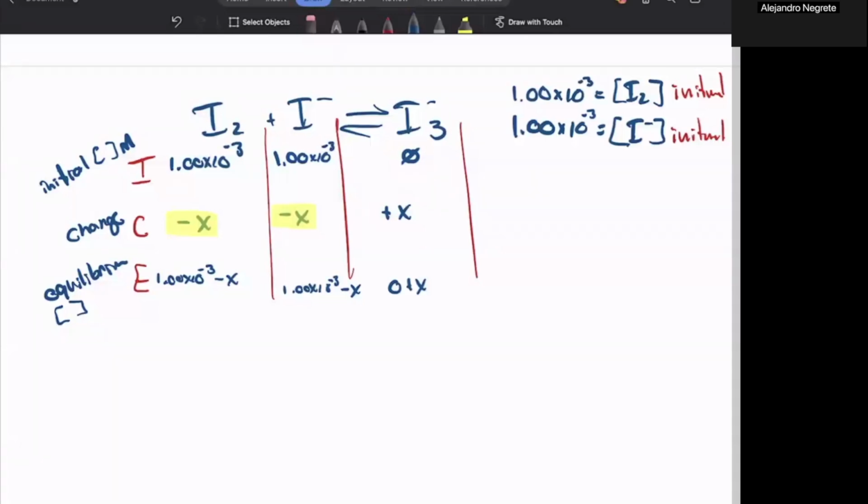All right, so let's take a look at what we have now. So now we have to solve for x, right? We do have some additional information here. The additional information provided to us is the equilibrium concentration.